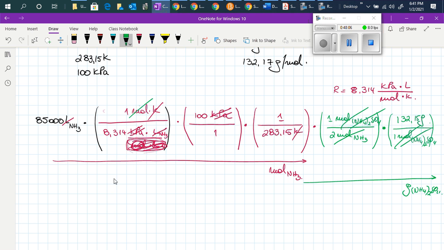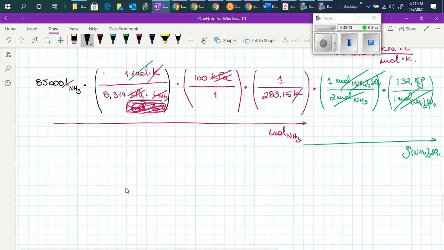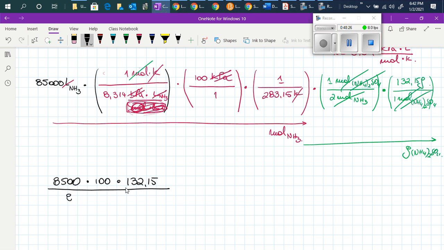And this is what we are looking for. So now in terms of numbers, what we have is 85,000 times 1 times 100 times 1 times 1 times 132.15 over 8.314 times 283.15 times 2 times 1, and the units are grams of ammonium sulfate, (NH4)2SO4.